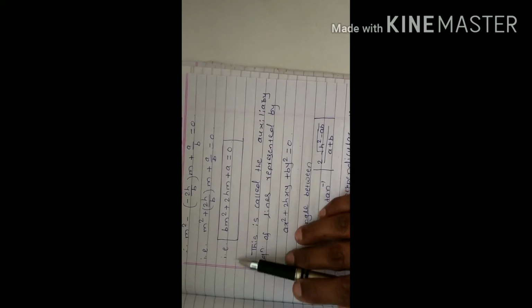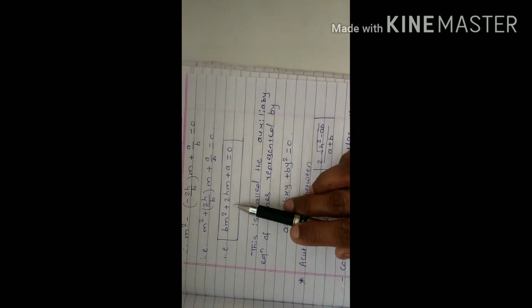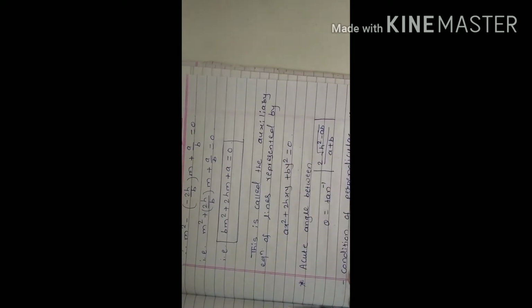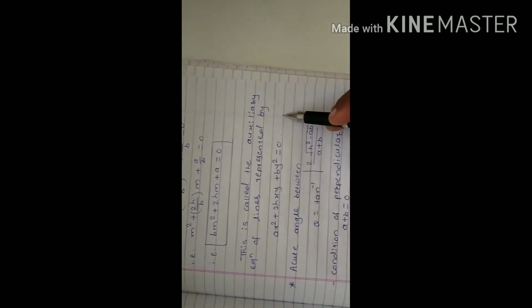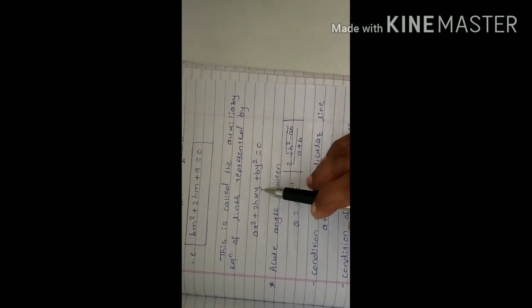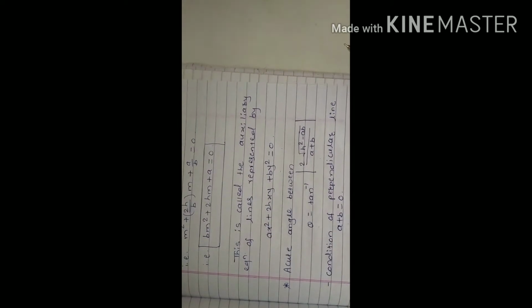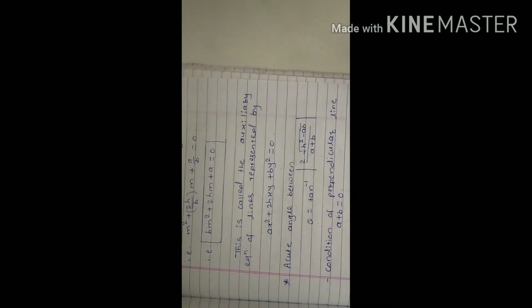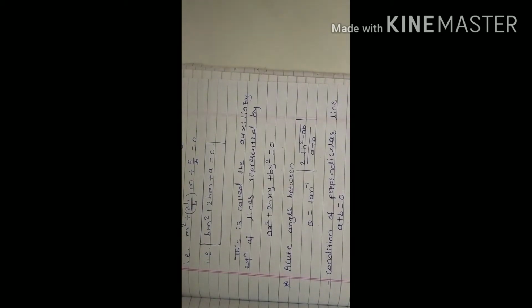We rewrite this equation, that is bm square plus 2hm plus a equal to 0. This is called the auxiliary equation of lines represented by ax square plus 2hxy plus by square is equal to 0. Now we use this formula and we will solve the next examples of exercise 4.1.